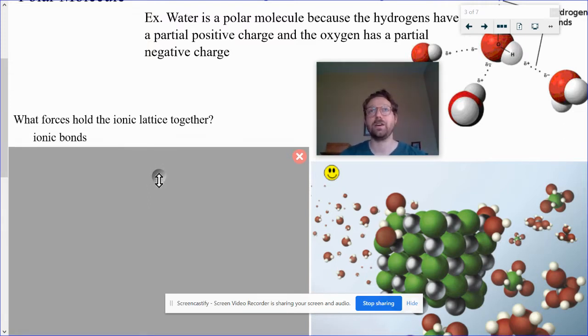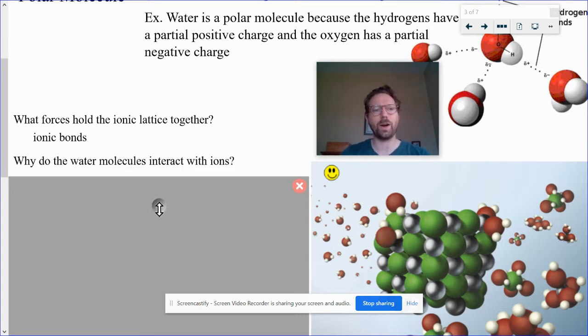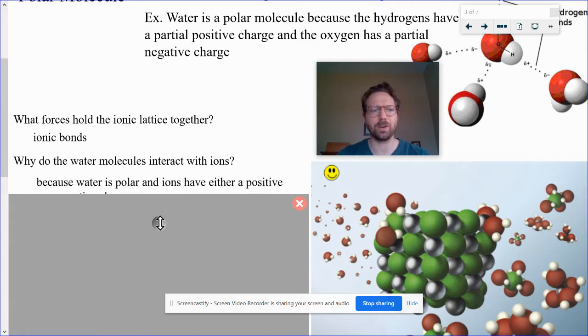It's the attractive forces between the cation and the anion, in this case, sodium and chloride. Why do water molecules interact with these ions? Well, think about salt and think about water, right? Salt and water are actually very similar to each other chemically. Both of them have positive and negative parts of their molecules, okay?